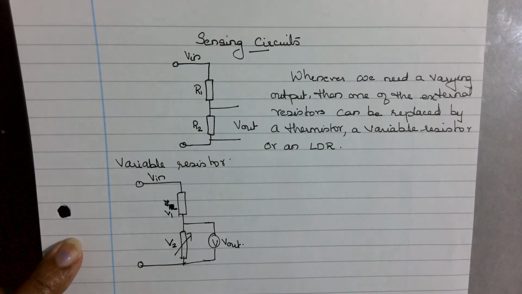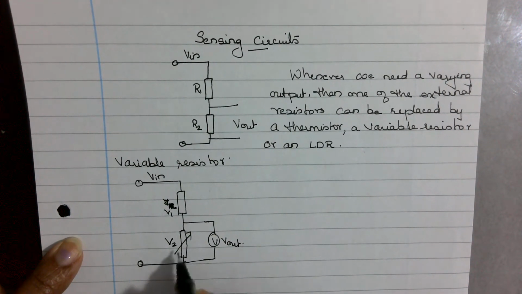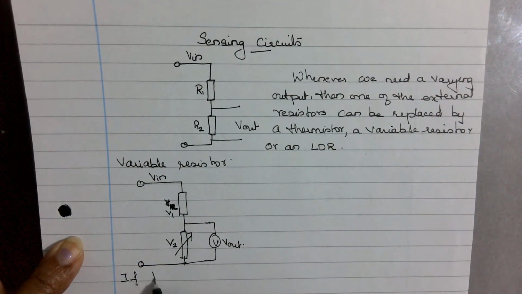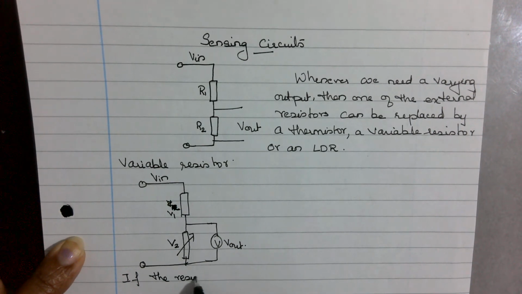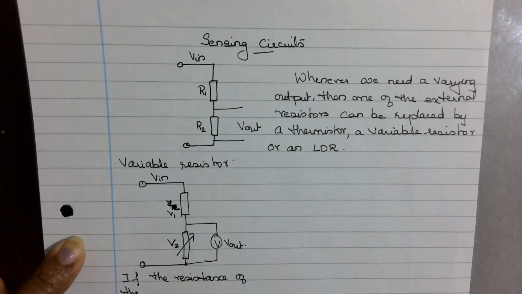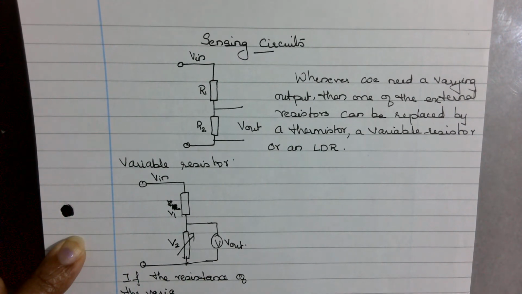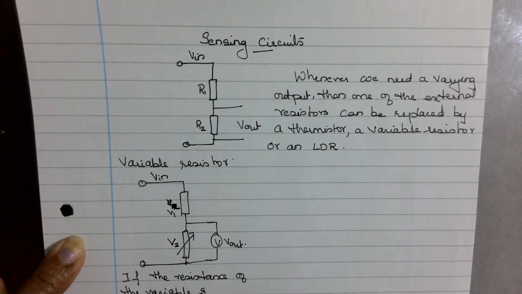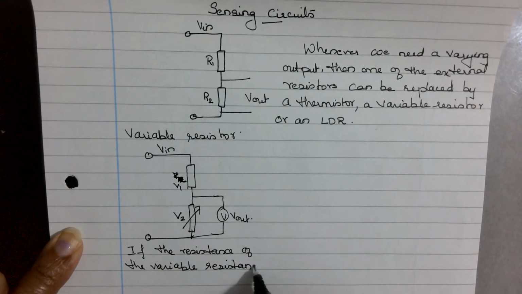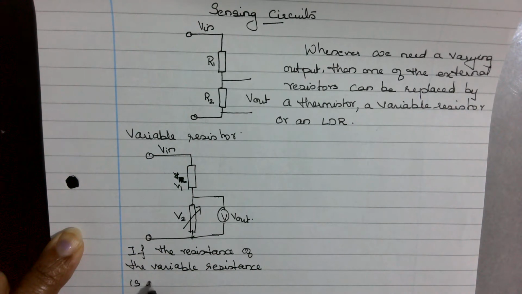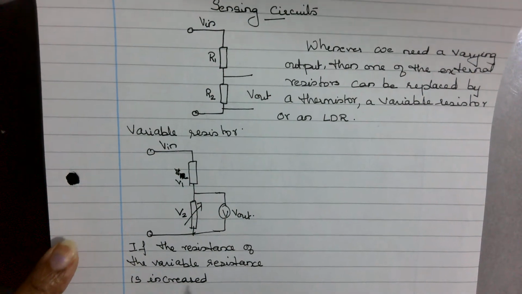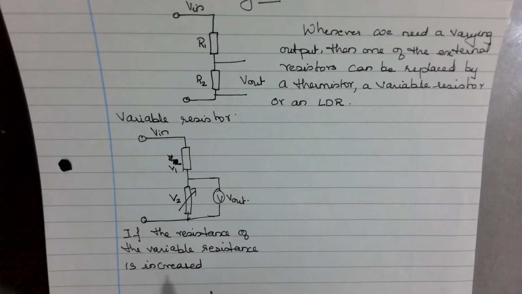So what will happen here if the resistance of the variable resistor is increased? Whenever the resistance increases, what happens to the voltage?